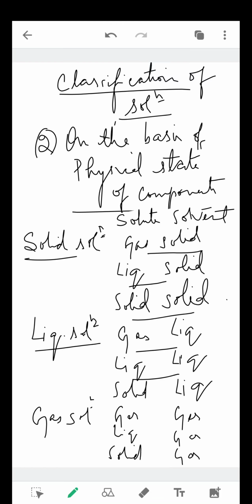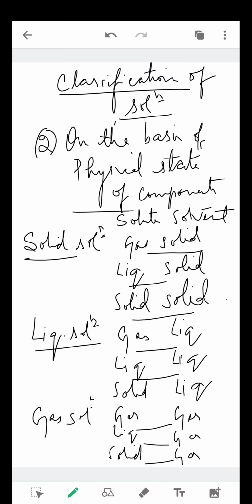Then solid in liquid, sucrose or salt in water. Then examples of gaseous solution: air, which is mostly a mixture of nitrogen and oxygen gases. Liquid in gas, chloroform mixed with nitrogen gas, or the humidity in air. Then solid in gas is camphor in nitrogen gas, dust or smoke.